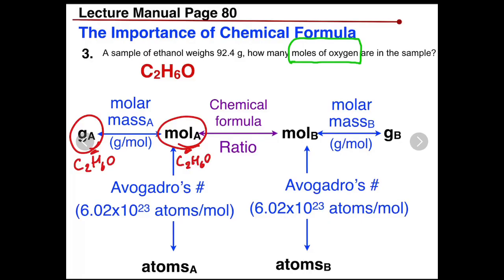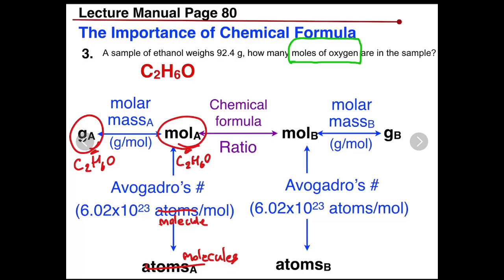After you get to mole of ethanol, are we going to find out number of atoms of ethanol? Sorry, molecules, right? This is molecule, so I'm going to replace this with molecule. Are we going to find out number of molecules of ethanol? The answer is no, because the problem doesn't ask us. So don't do that, it just wastes your time. That's how you're not going to be able to complete the exam on time, because you do an extra step that is not required.